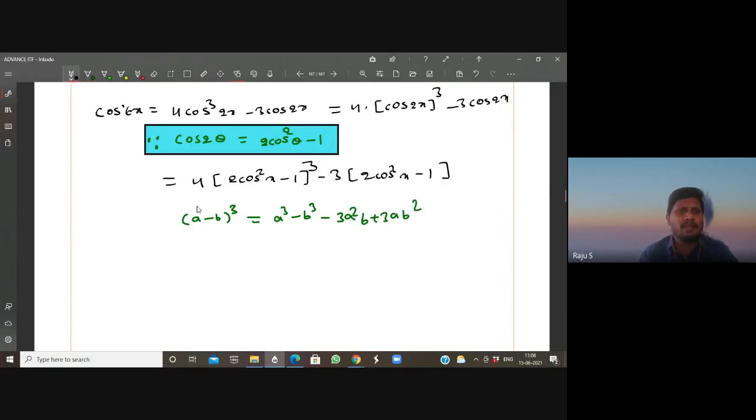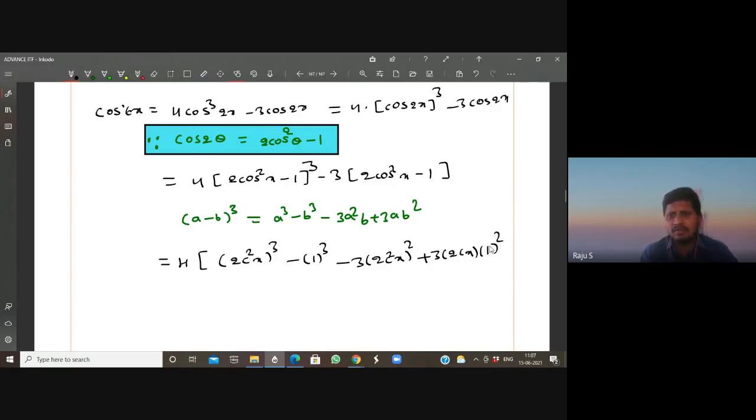So 4 times a cube: 2 cos square x whole cube, minus b cube, 1 cube, minus 3a square, a square means 2 cos square x the whole square, plus 3a, 3a means 2 cos square x, b square 1 square.